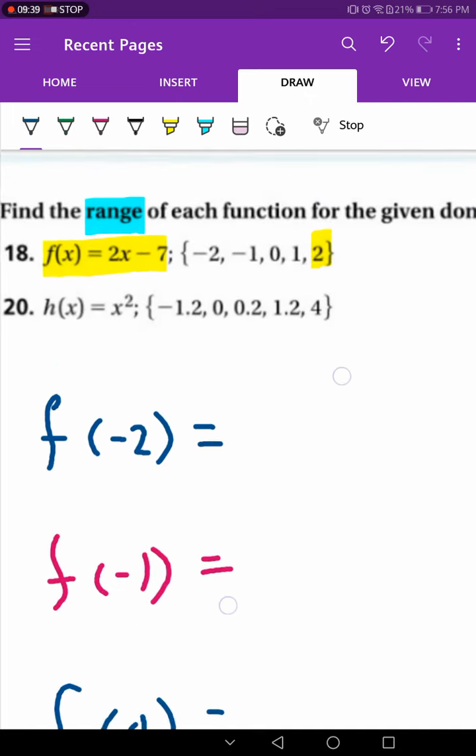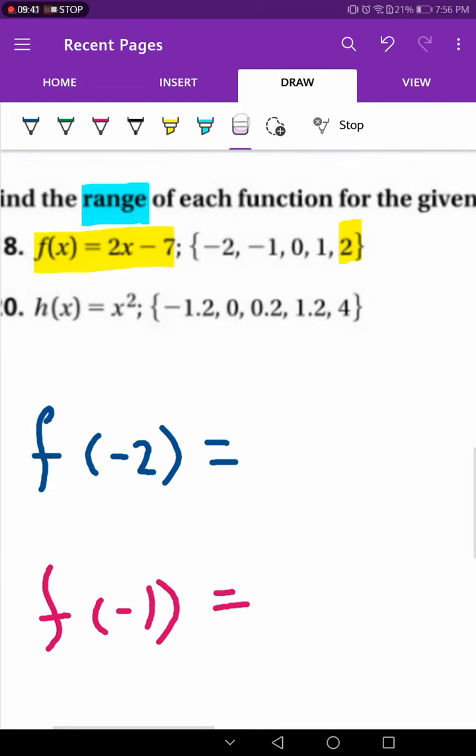Let us start. Now, f of -2, that means I have to put this -2 instead of the x here.